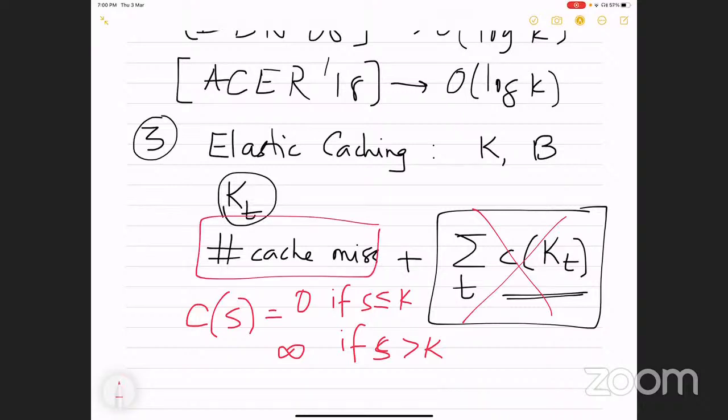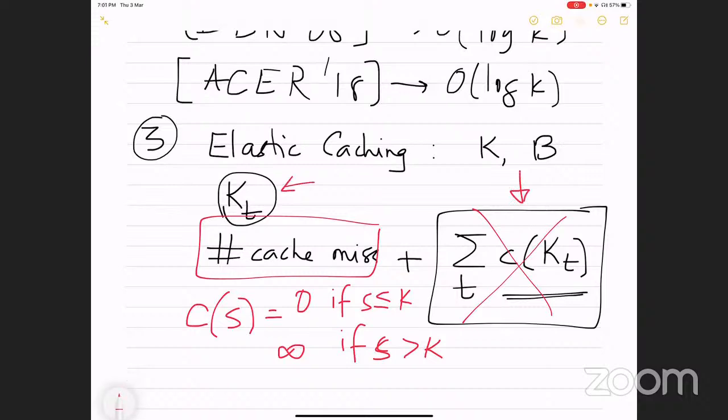But you could think of this more general version, and this motivation came from the cloud computing kind of setting, where you can actually rent a cache for varying amounts of time, and while renting a cache, you pay different amounts depending on how big a cache you're renting. So now you can vary your cache size, but then you pay an extra additive term.